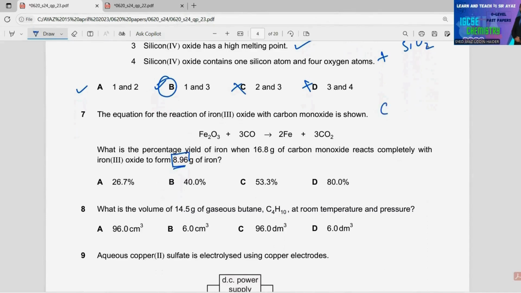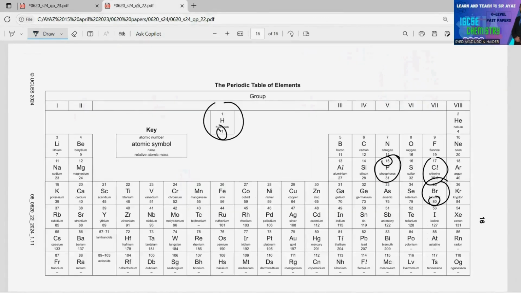So we have carbon monoxide and iron here. The Mr for carbon monoxide, if you look at the periodic table, 12 is the Ar of carbon, and for oxygen, 16 is the Ar of oxygen. And iron is 56.